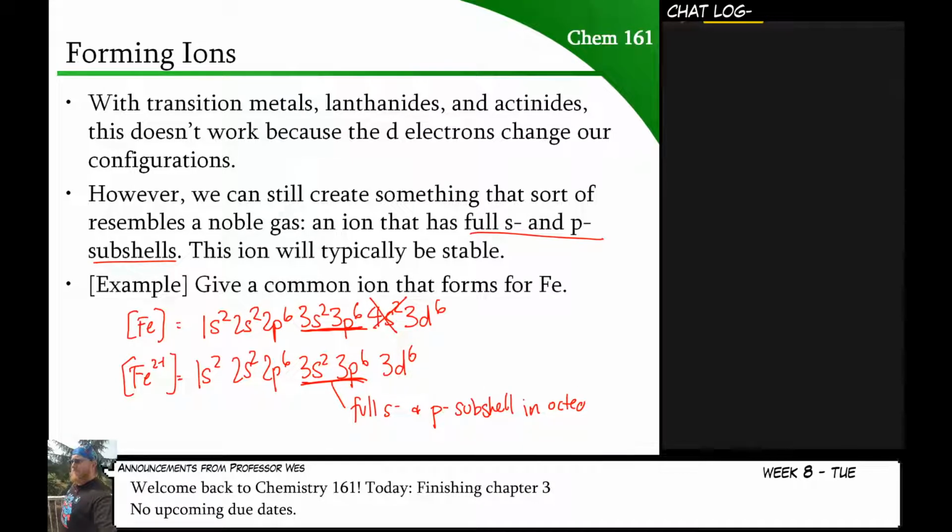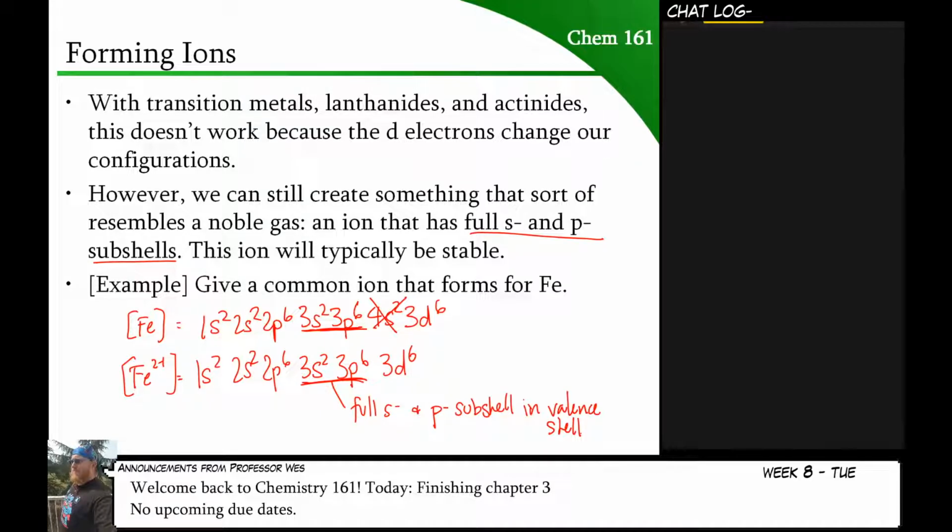I can't spell octet. Oh, not octet, I'm sorry. Valence shell. That's not what I said. There we go. And the d electrons are kind of inconsequential, but you can also find reasons to manipulate those too.